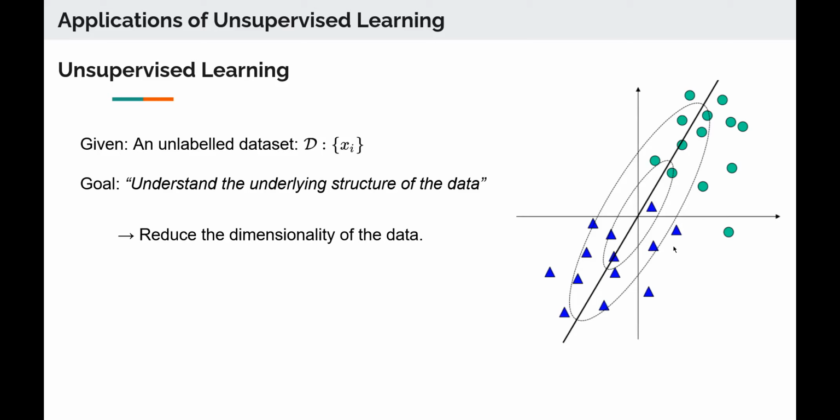So if instead of representing each point with an X coordinate and a Y coordinate, we represent each point with its coordinate along this axis, then we could represent all the data points with just one number instead of two, and still preserve most of the information in the data. All these points will collapse on this line.